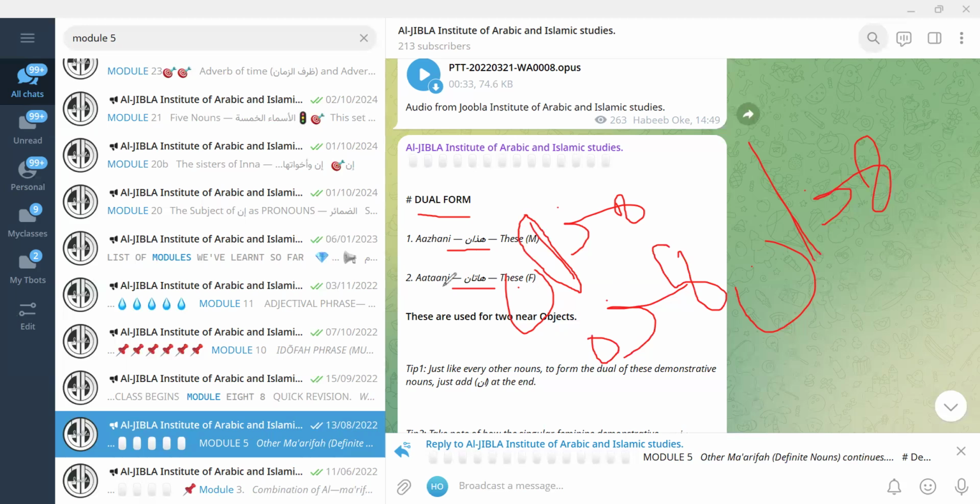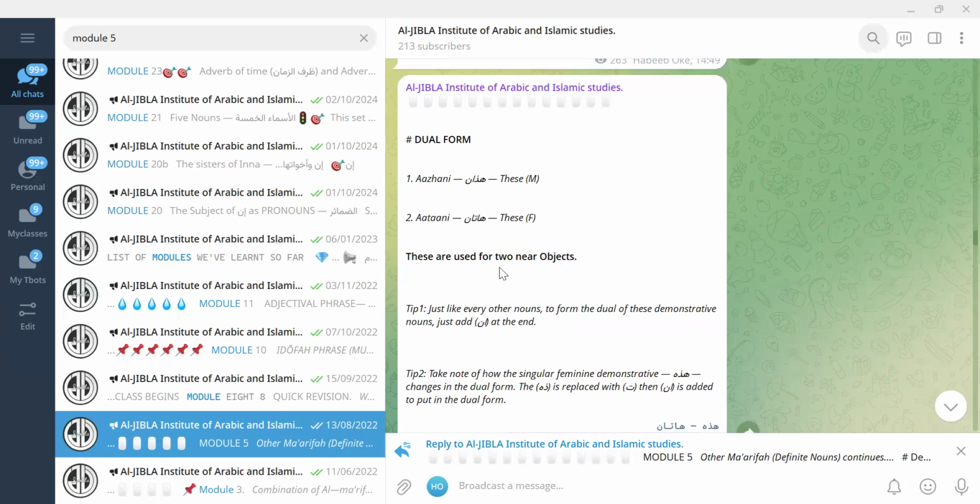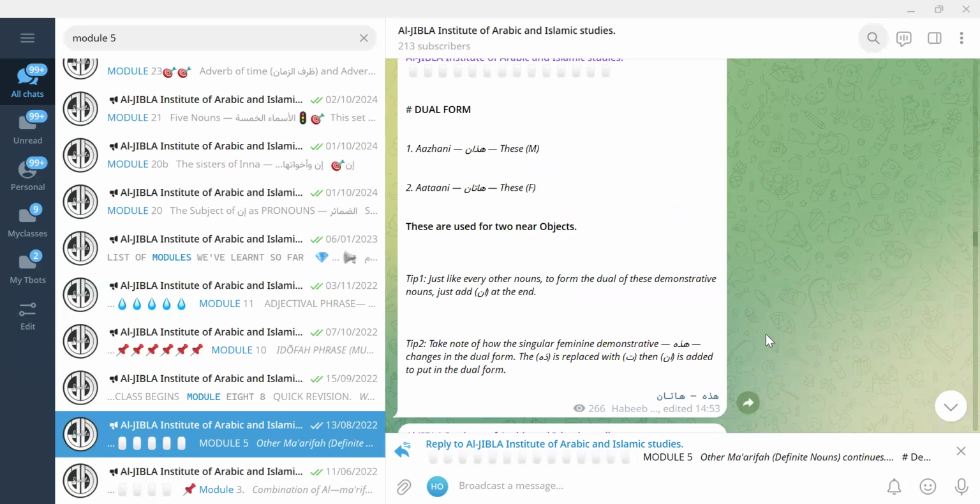So now let's break it down a little bit. We mentioned that in hadhihi, the dhal and the ha will be replaced by ta, because initially the ha there is the one denoting that it is feminine.